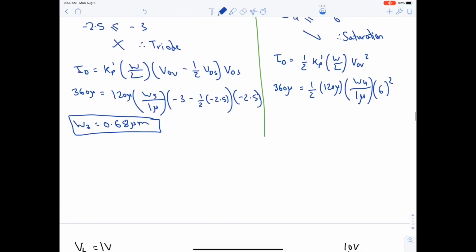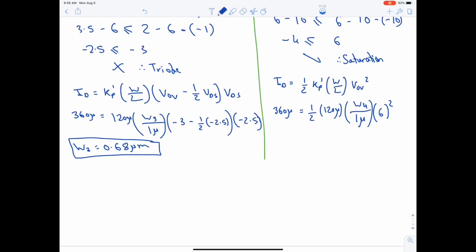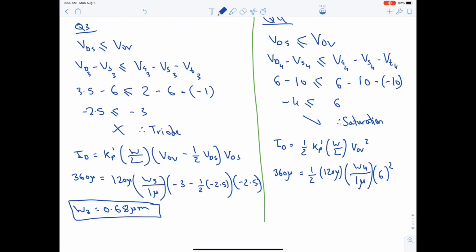Anyway, let's continue with this. So 360. VG minus VS, oh, I know what the mistake is. VG minus VS minus VT. What's VT? VT is minus 1. I don't know why I put minus 10. Probably you caught the mistake before me. So I was right that this shouldn't be 6. It should be a negative number.